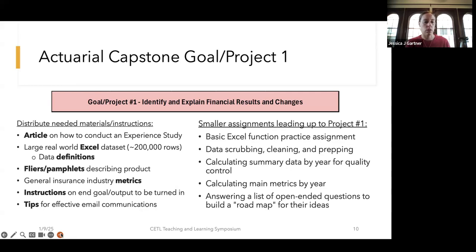And so I need to assign these smaller check-in points and additional materials that they need. So in addition to the Excel file, I pass out an article on how to conduct one of these particular studies. They're actually called experience studies. And again, this would be done in any type of actuarial industry. This particular article that I found is something that I did not write.